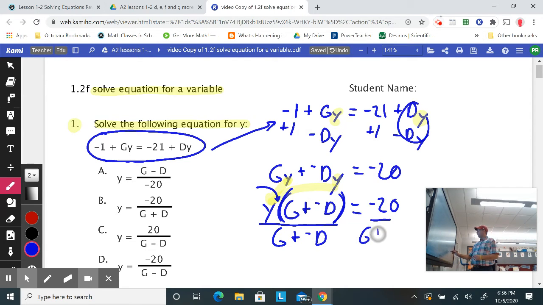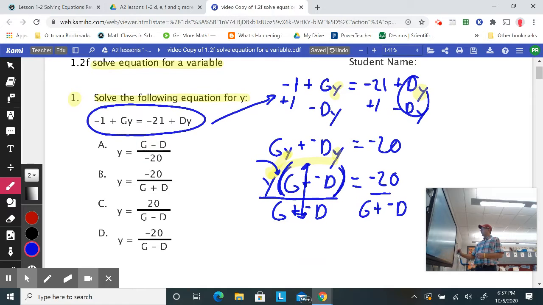Because anything you do to one side, you balance it out by doing the same thing to the other. Division of the same item makes a 1, and y times 1 is going to be y by itself. And then over here I get -20 over g plus the opposite of d.